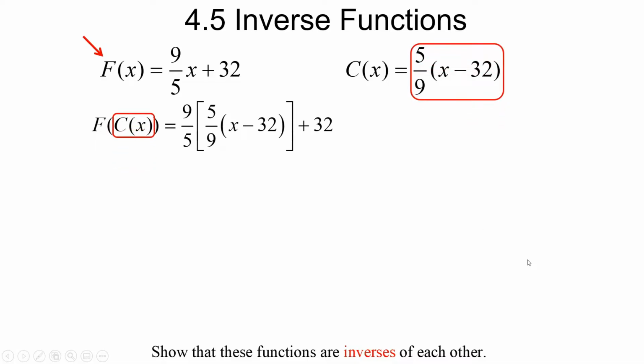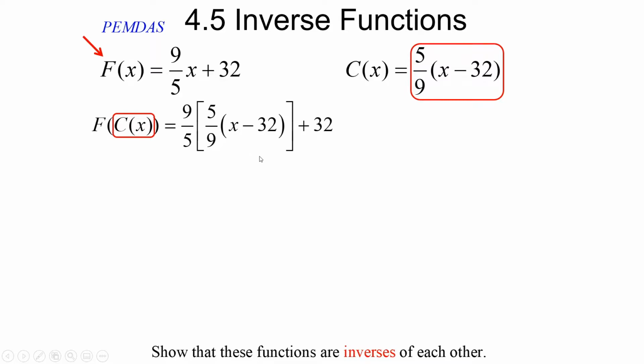Now, if I simplify this, I should get x. So just think about your order of operations. PEMDAS: parentheses, exponents, multiplication, division, addition, subtraction. The first thing I'm going to do is simplify the parentheses, but there's nothing I could do in there unless I wanted to distribute, and I certainly don't want to do that.